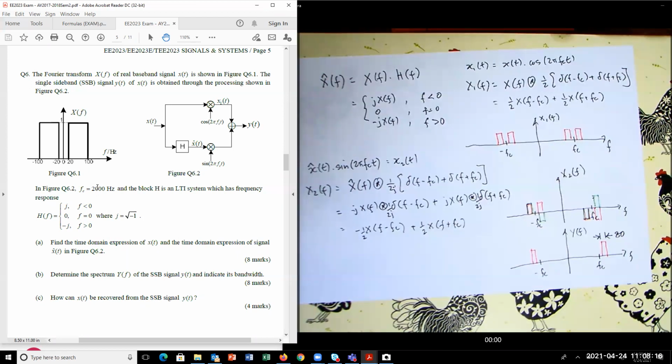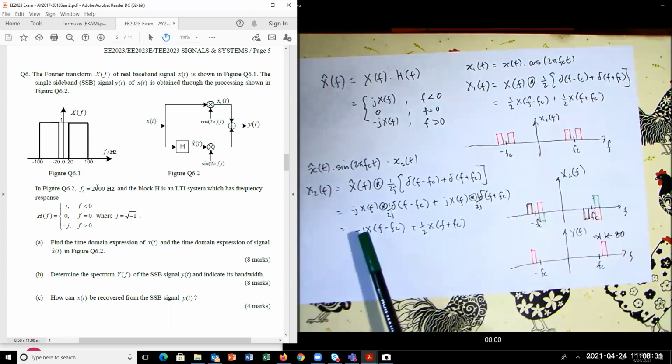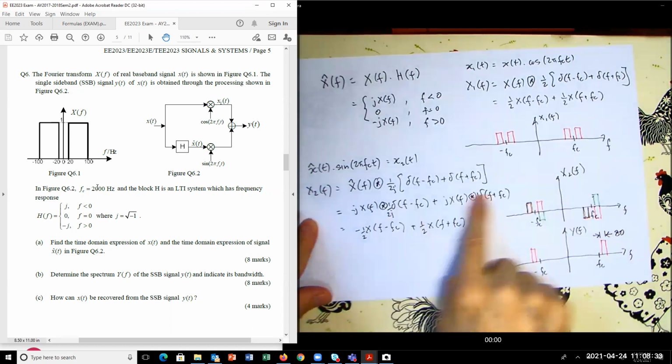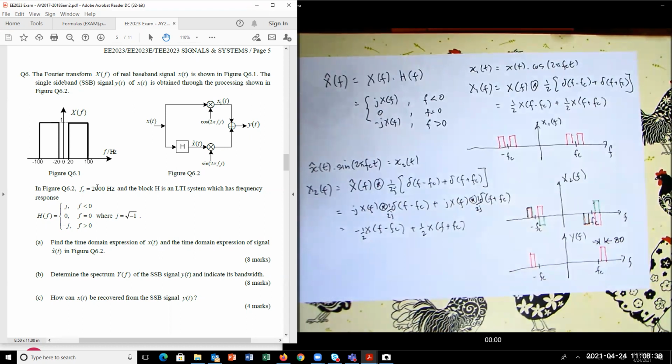After that, you go to your sine. The sine is convolution, which means you replicate this signal at two frequencies. The right side, how come it becomes the other way around? Because I did not show you all the steps. You have to be very careful here. It flips it around.